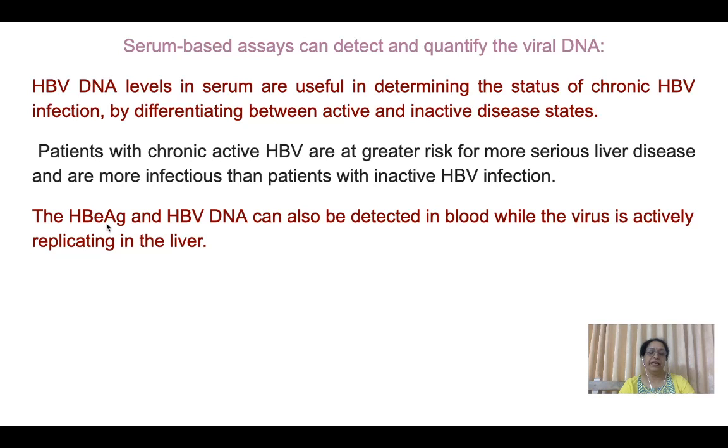As you know, there is a variety of antigens present in the patient's blood: HBc, HBe, HBs antigen. Here, the HBe antigen and HBV DNA can also be detected in blood while the virus is actively replicating in the liver in the initial stages of the disease.